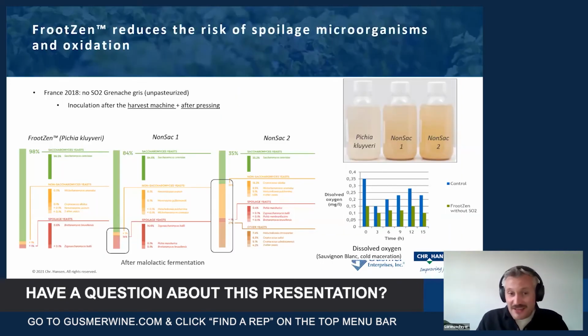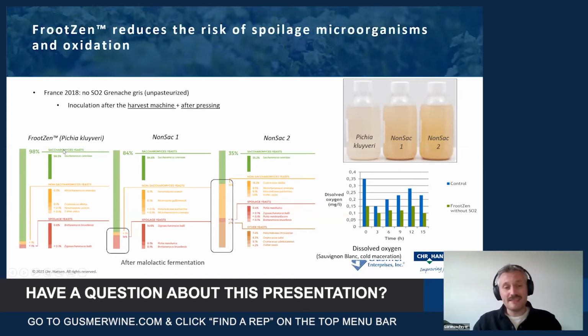And this is a result of such an application, where FrootZen has been used in an unsulfitated Grenache Gris in France, and has been inoculated at a harvesting machine and then after pressing. We ran amplicon sequencing and we see here actually FrootZen.